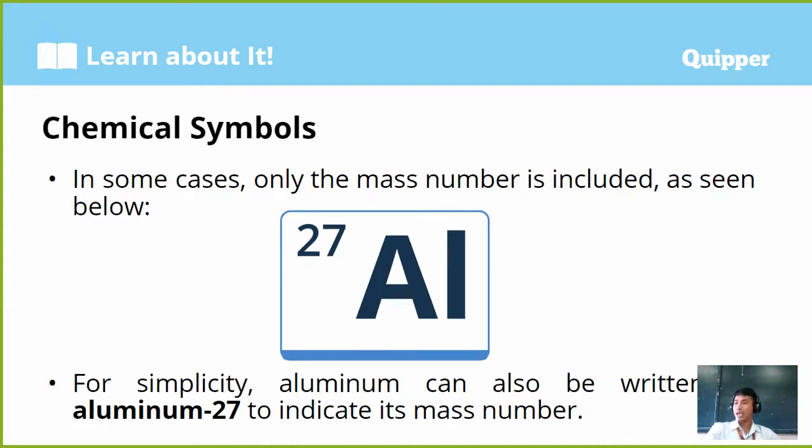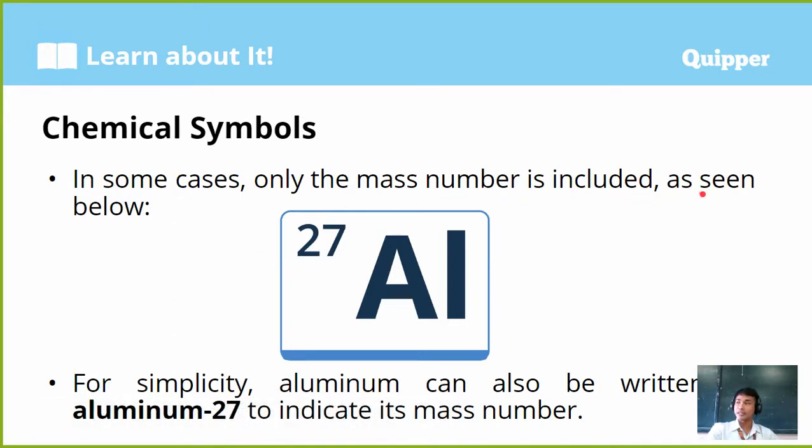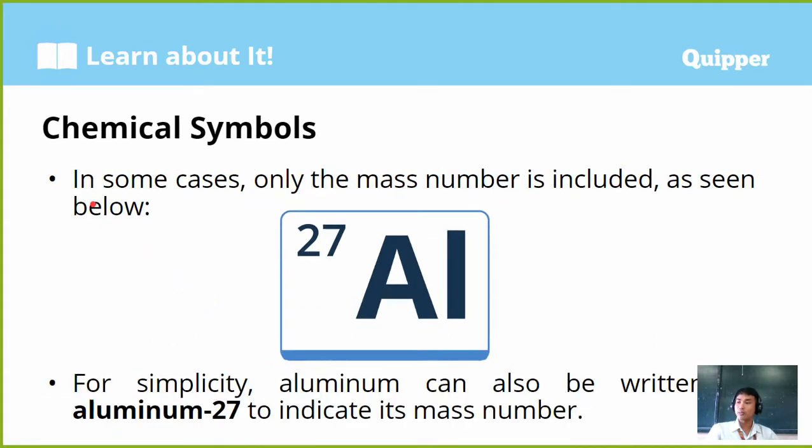So in some cases, class, only the mass number is included. As seen below, only mass number. For simplicity, aluminum can also be written as aluminum 27, which means that's the mass number of aluminum.